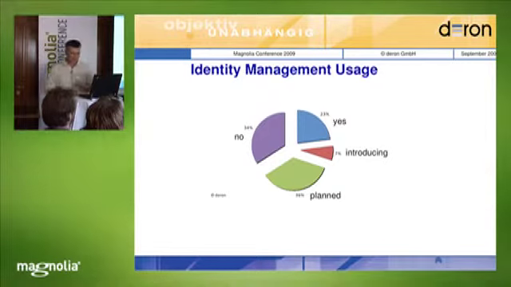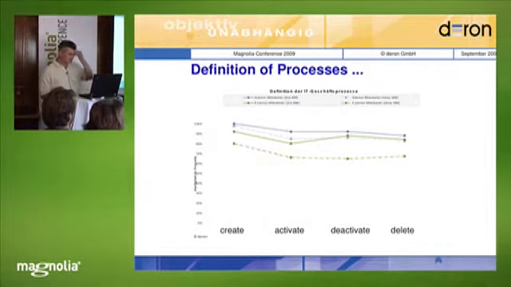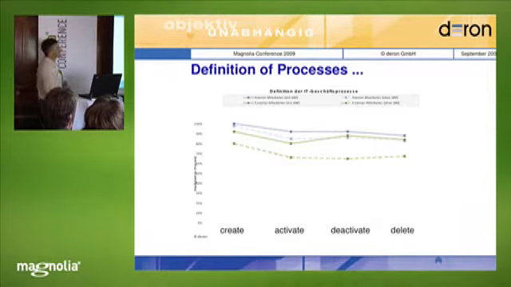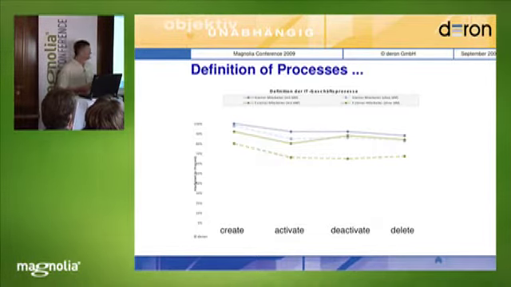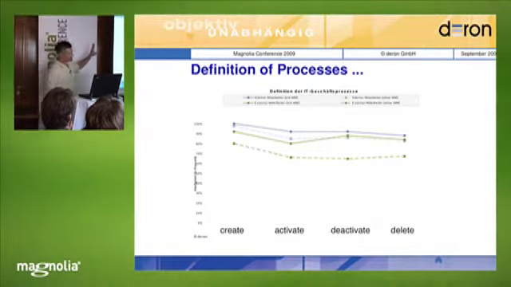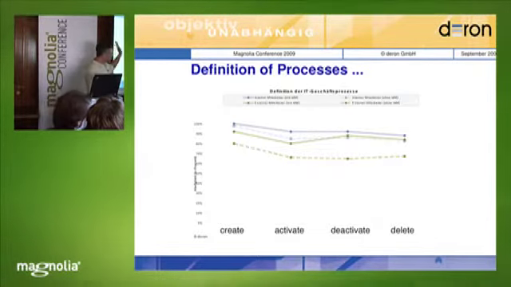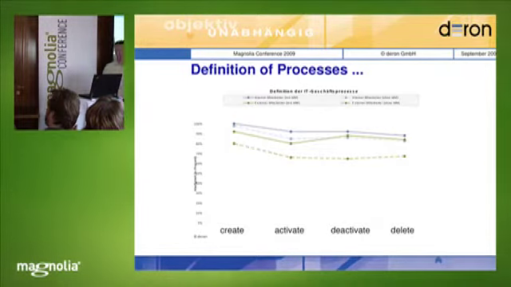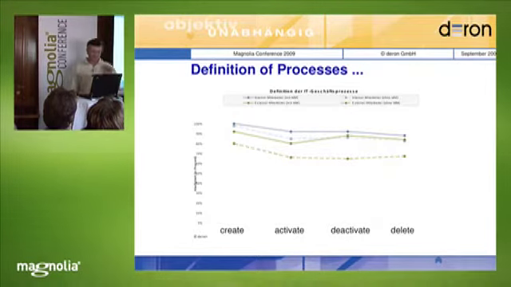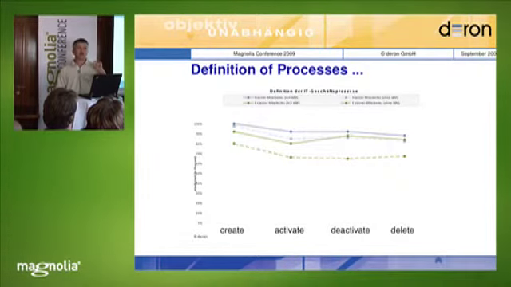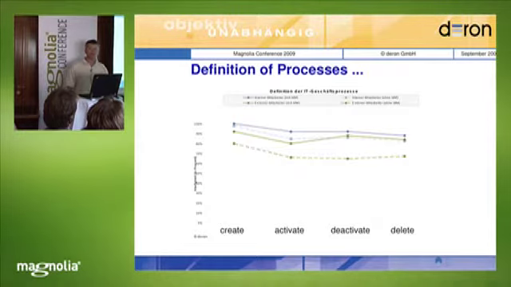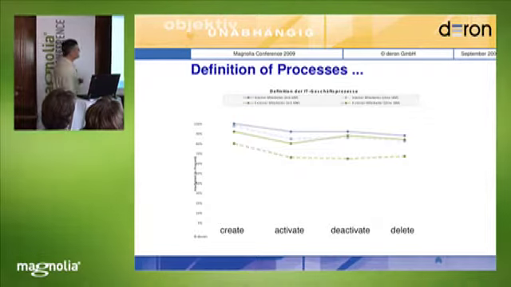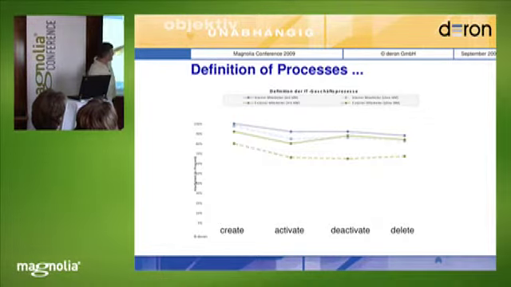I just wanted to show two further slides out of this study. Here you see the coverage of different processes: create, activate, deactivate, and delete processes. The coverage means: are these processes defined in a company? And what you see is that here we have 4 lines.